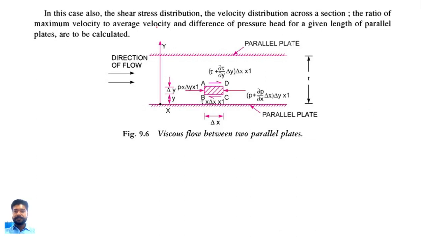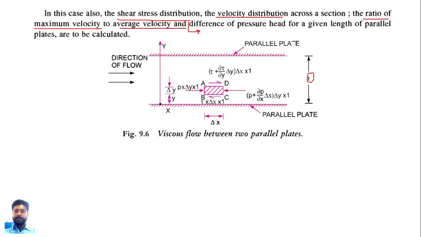So in this session, you can have two parallel plates. We are having these two parallel plates at a distance of t. Here are the two parallel plates, and the direction of flow is from the left towards the right side. In this case we will again find the shear stress distribution, the velocity distribution across this section between these two parallel plates, and also the ratio of maximum velocity to the average velocity.